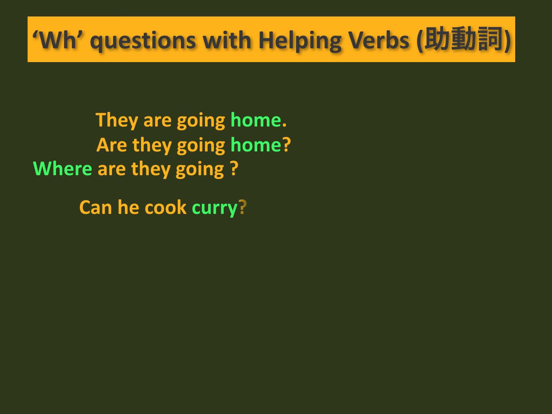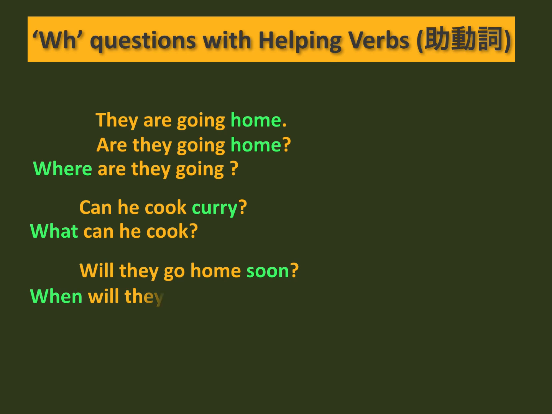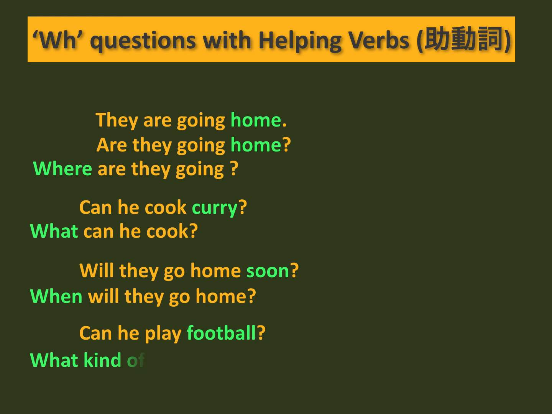Let's see the pattern in some more examples. There's the WH talking about curry, that's the topic now. And one more. And the last one, and that requires a long WH phrase. What kind of? What kind of sport can he play?